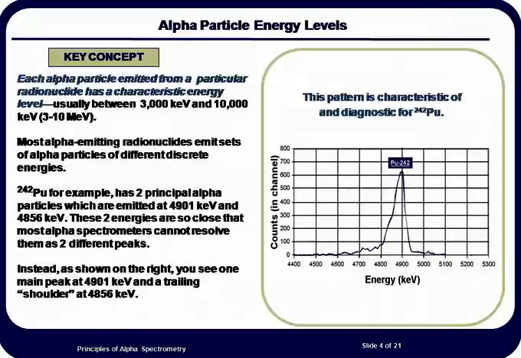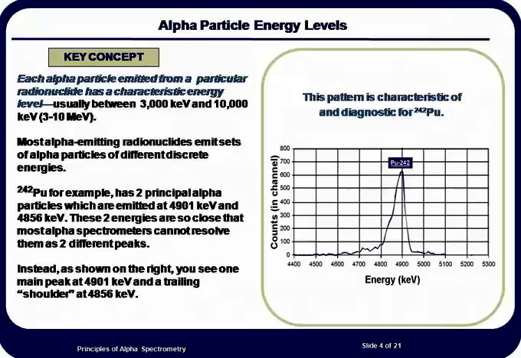The alpha particle energy, which is more frequently observed, is the one with energy of 4901 keV. This energy is determined by finding the maximum in the curve shown. Note that just to the left of the maximum, there is a small shoulder on the curve. This is the contribution from the 4856 keV alpha particle.